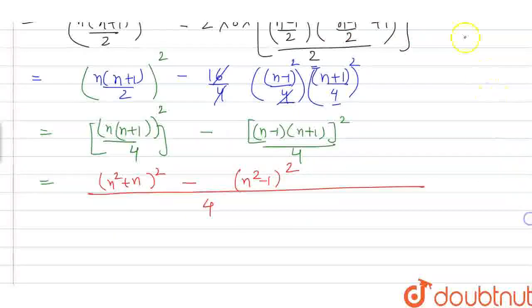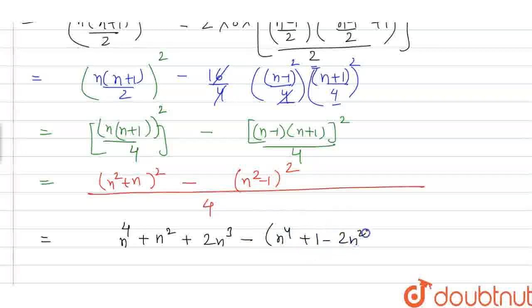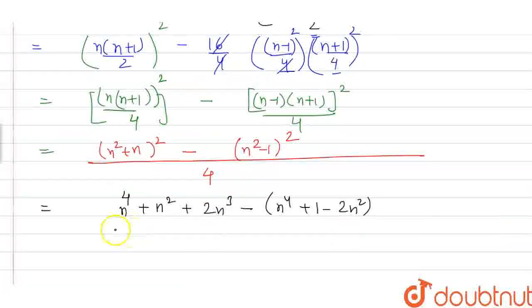So now we can further solve the value of this expression. That is n square whole square, that is n raised to the power 4 plus n raised to the power 2 plus 2n cube, and this is minus (n square − 1) whole square, so that is equal to n raised to the power 4 plus 1 minus 2n square, and this is finally divided by 4, right?